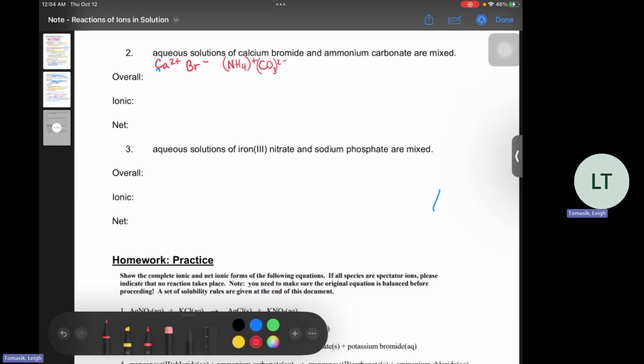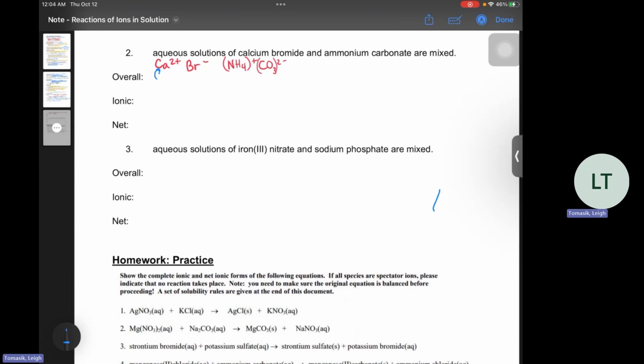Okay, crossover rule time. Calcium bromide is going to be CaBr2 aqueous plus NH4 2 CO3, also aqueous. Arrow, two products.